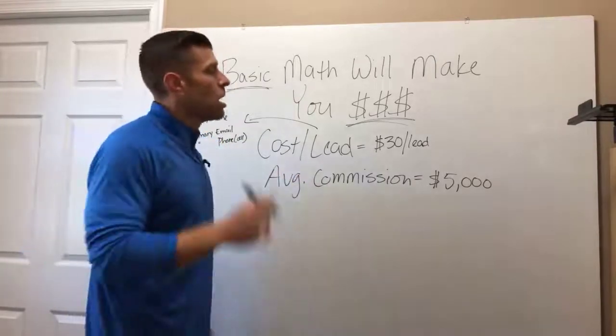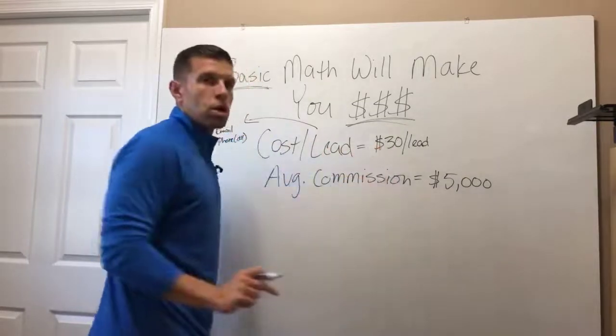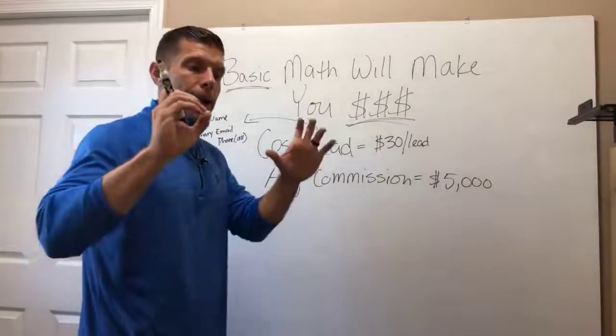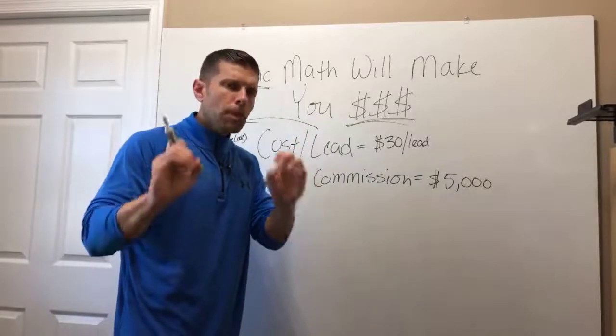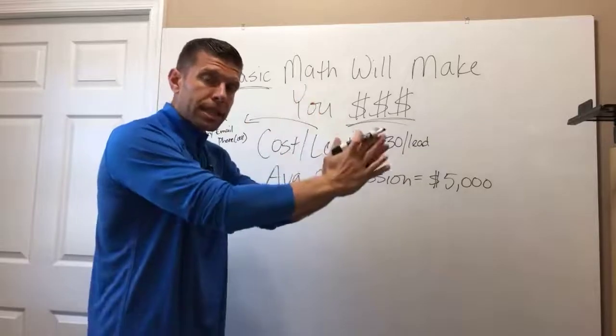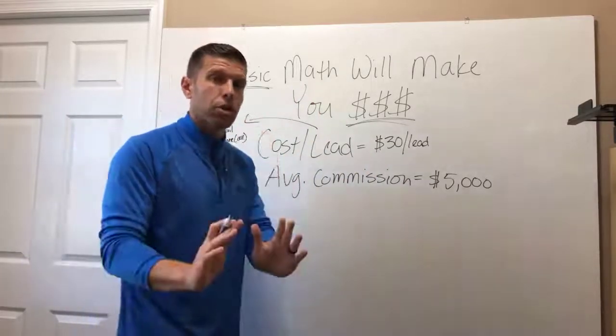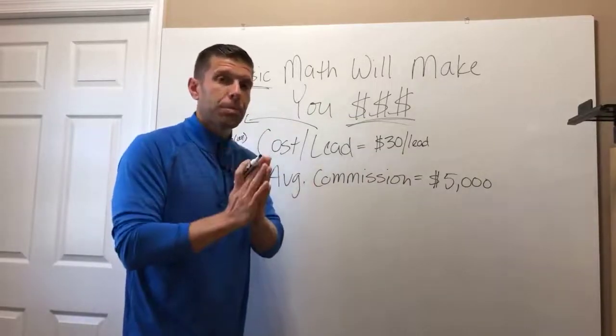You can get creative and excited about less conservative models. But let's say that for every 30 leads, we get a right-now client, someone who's ready, willing, and able to do business with us right now, either for us to list their home or for them to buy a home. Again, this is extremely conservative. 1 out of 30 is extremely conservative.